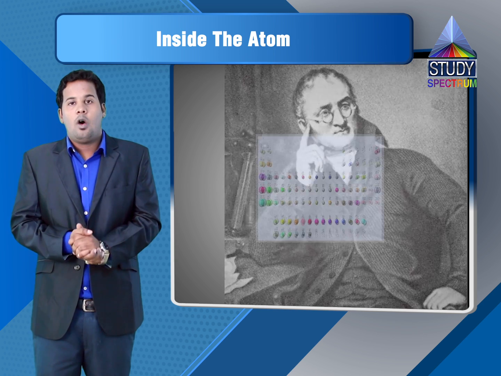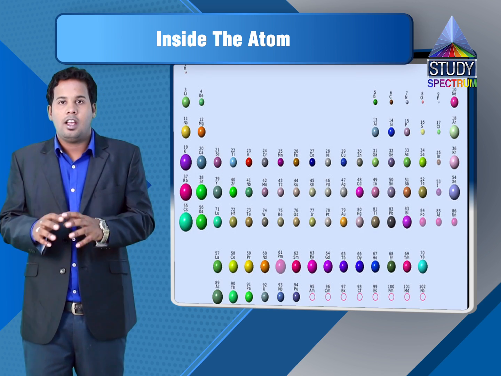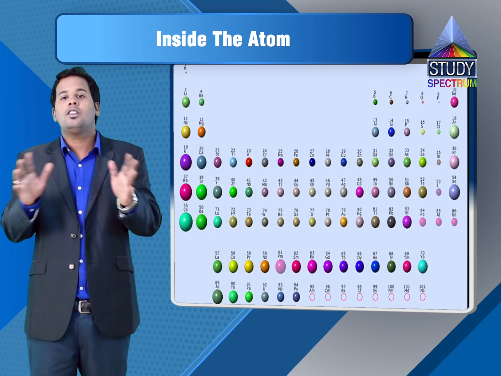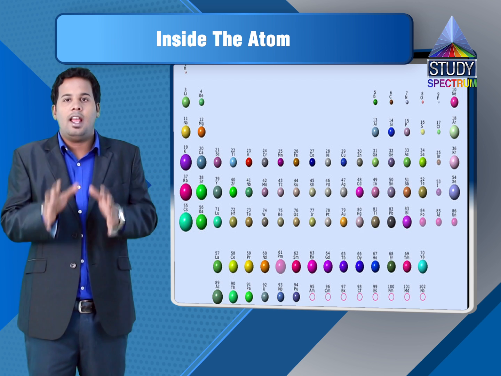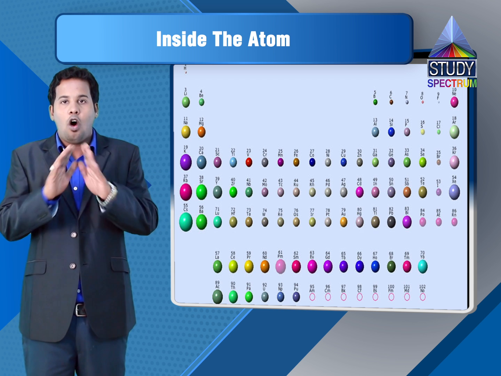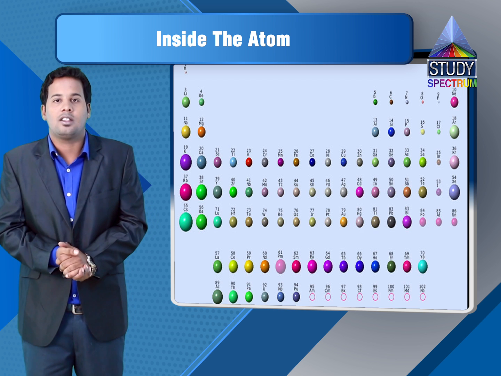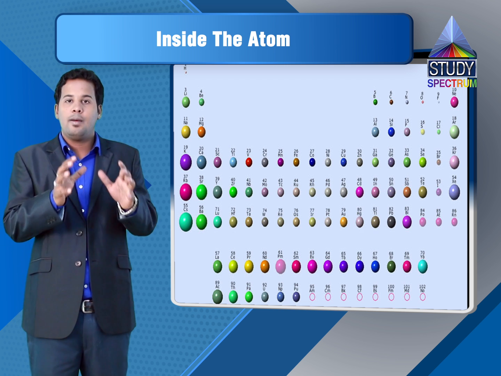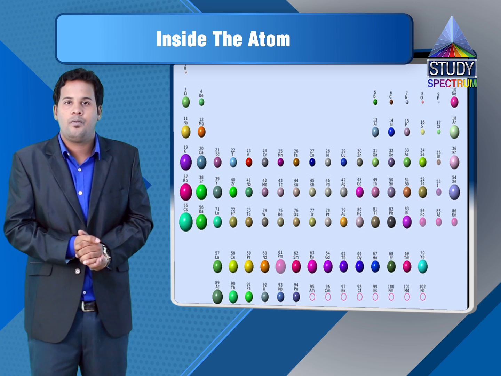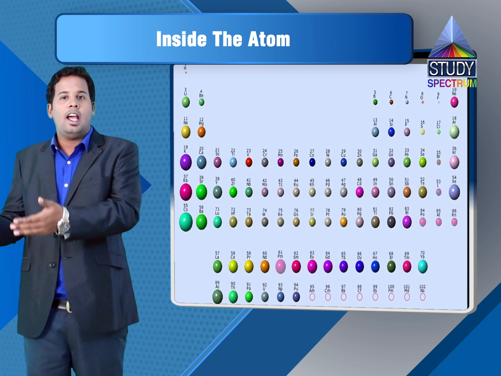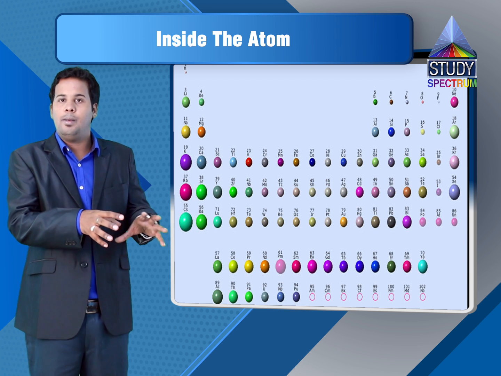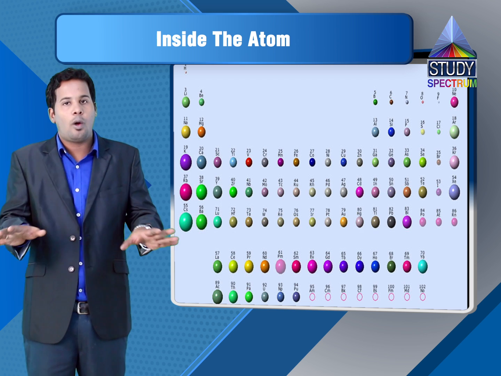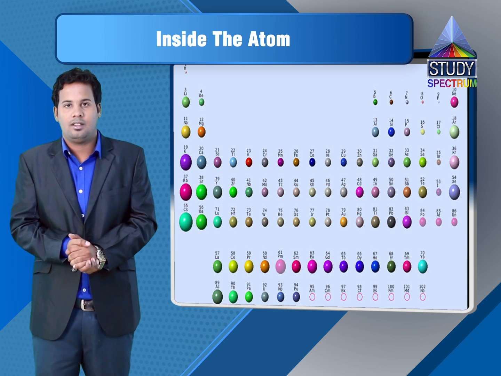Atoms of an element are identical in all properties including mass, but atoms of a different element may differ in mass.